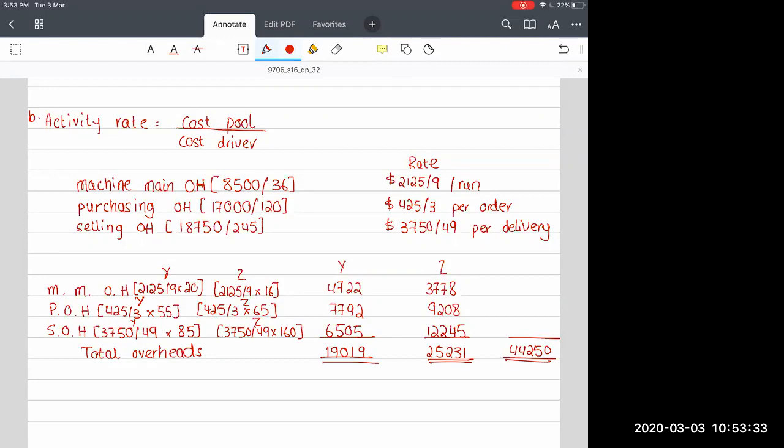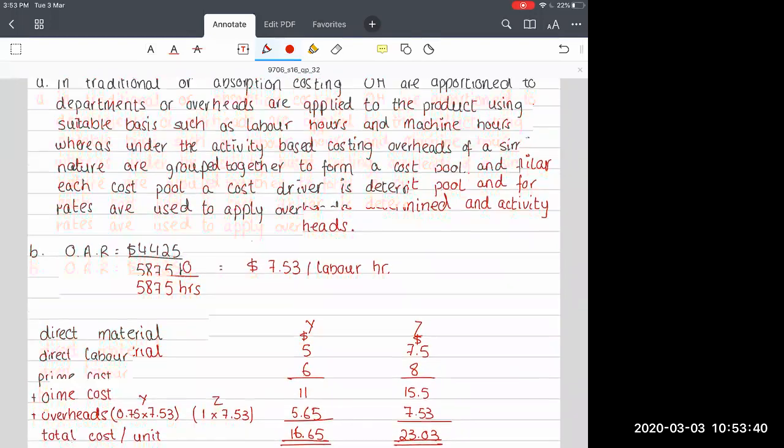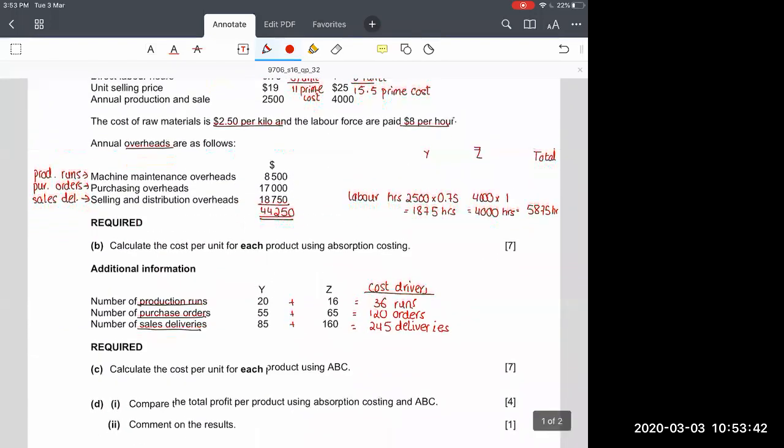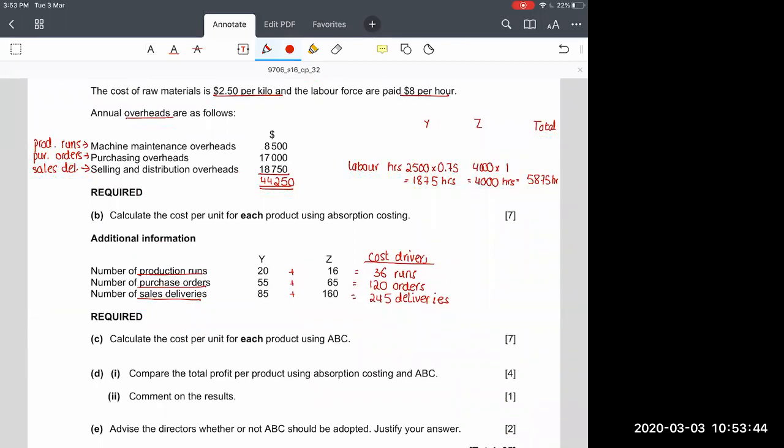Now these are the distribution of overheads. Now we know the total overheads of product Y and product Z, right? Now, what is the requirement? Calculate the cost per unit of each product using ABC costing.